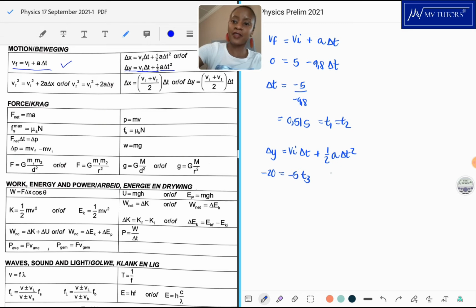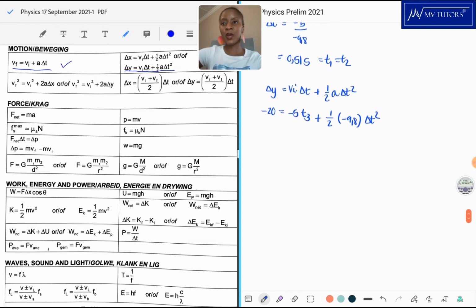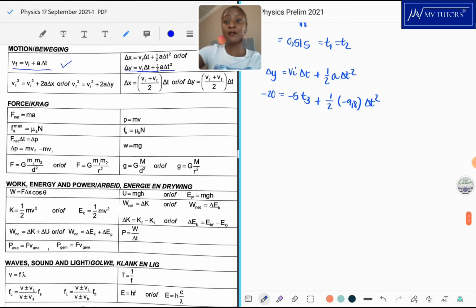We have a half there, and we know our gravitational acceleration, actually, let me just put a positive here. It's going to be a positive, but because gravity is acting downwards, I'm going to have to put in negative 9.8 and delta t squared. So now we have a quadratic formula. Let me just put it nicely.